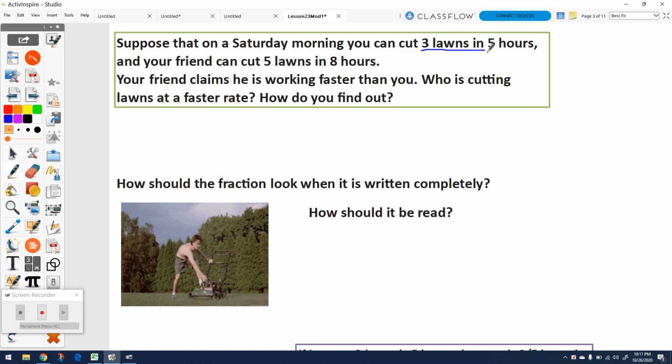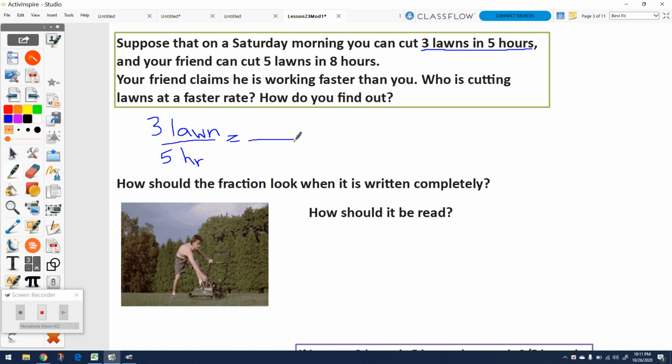So looking at the first one, let's look back to what we've done previously. If we can do 3 lawns in 5 hours, I'm going to go ahead and write it: 3 lawns and 5 hours. And then we need to get that to a unit rate.